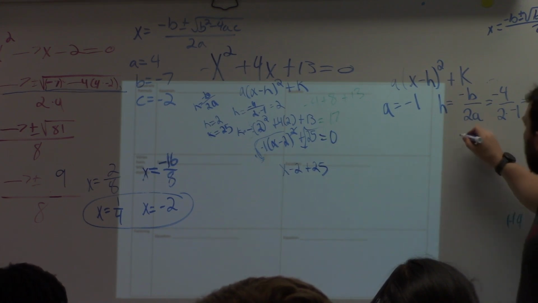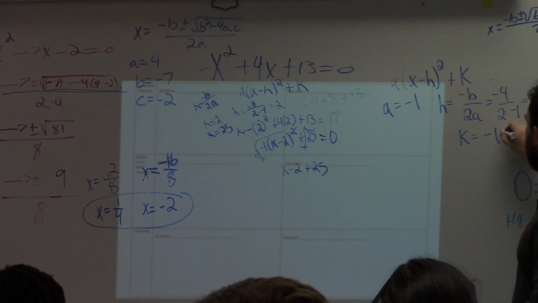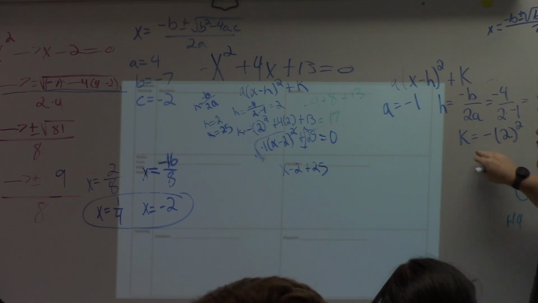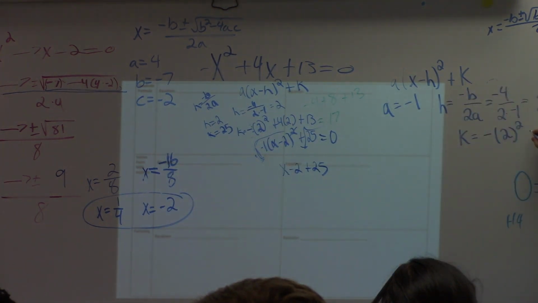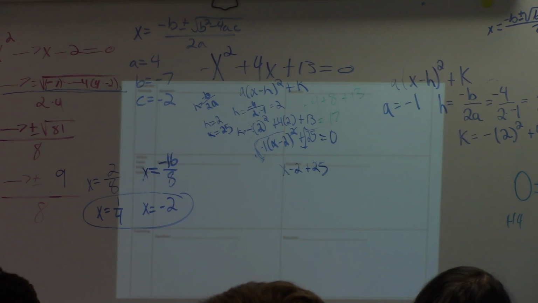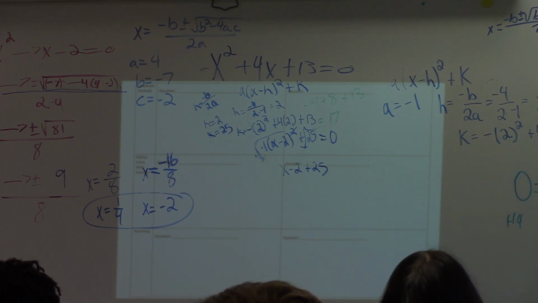They also correctly identified the K, or at least eventually, making sure that we put the negative, notice that negative is not inside the square. -2 squared plus 4 times 2 plus 13. This is actually a mistake several groups made. Make sure that we do not drop off that negative, make sure it carries over, and then we get 17.